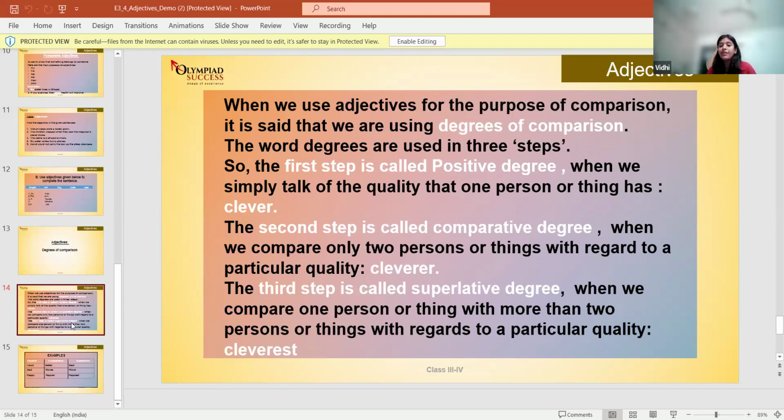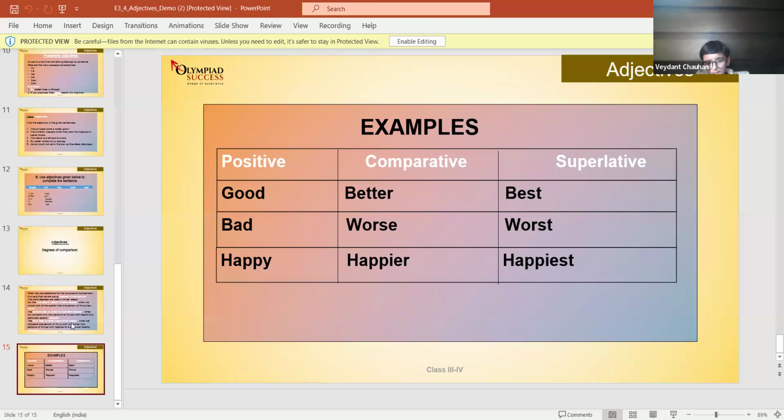And superlative, when we compare one person or thing with more than two persons or things with regard to a particular quality, like the best. Good, better, best; bad, worse, worst; happy, happier, happiest; clever, cleverer, cleverest; big, bigger, biggest; fast, faster, fastest; slow, slower, slowest; tiny, tinier, tiniest. So this is what the chapter is all about.